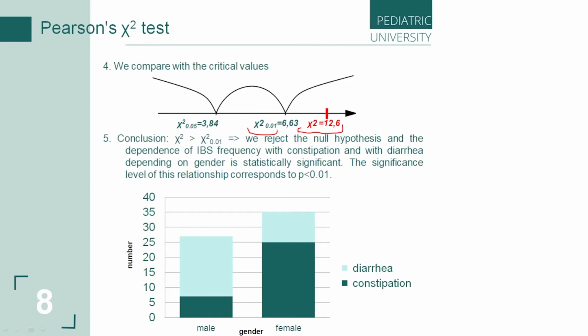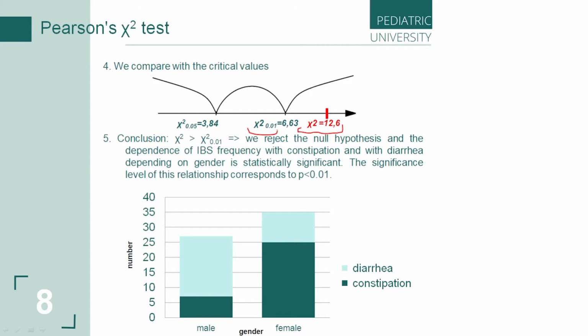Again, with 99% confidence, we can say that the incidence of diarrhea and constipation is different between men and women.